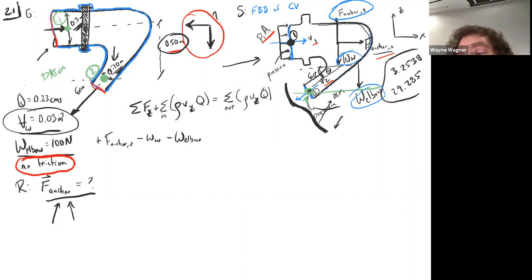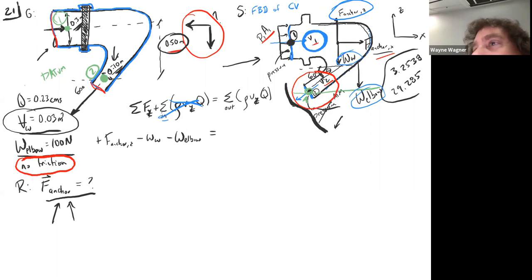Now we need to look for momentum fluxes in the Z direction. This one is in the X direction purely. It has no Z component, so we're not worried about that one. We're going to get rid of that term. Equals. Now we've got outs, and we've got this one right here, this whole thing down here.